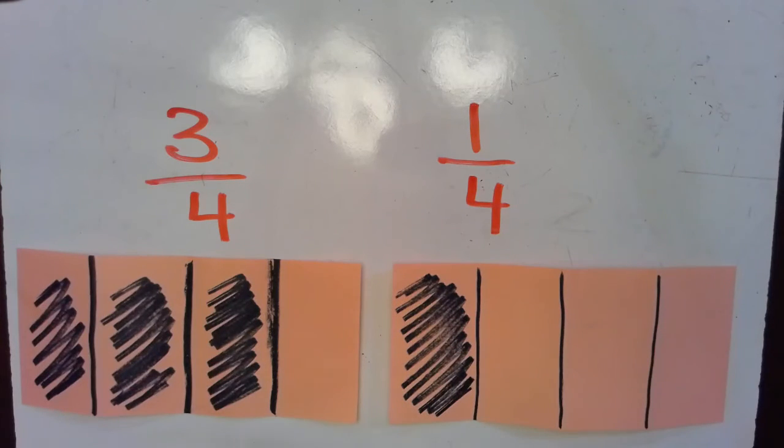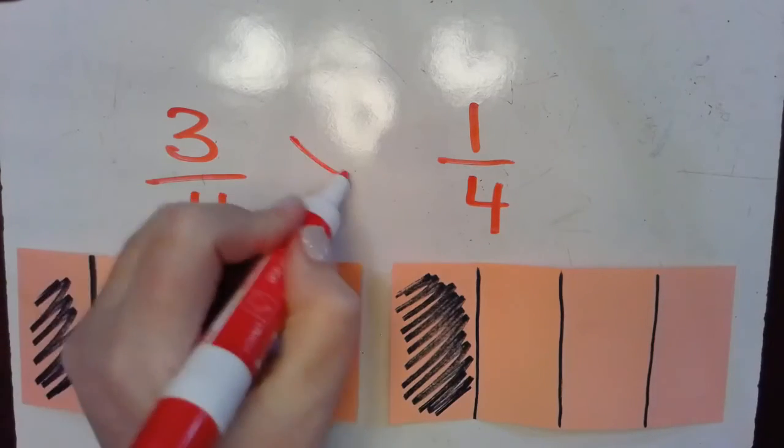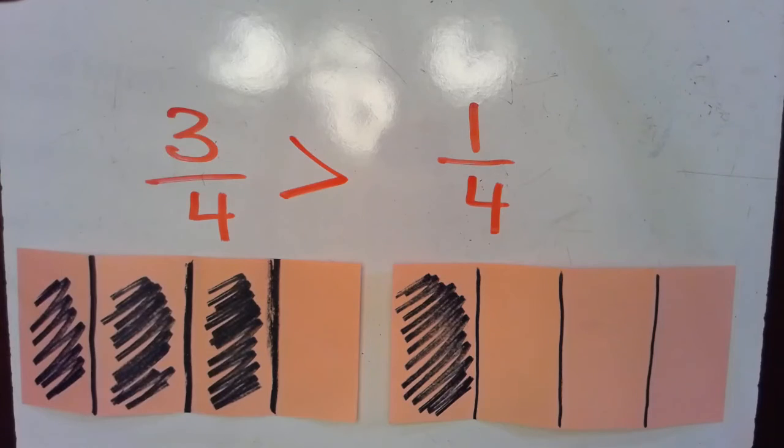Well, if I have the same size whole, which you should if you're comparing fractions, they must be the same size whole, 3 pieces is more than 1 piece if the shape is partitioned into the same number of pieces, and that's what that denominator tells us. So we can visually see that 3/4 is greater than 1/4.